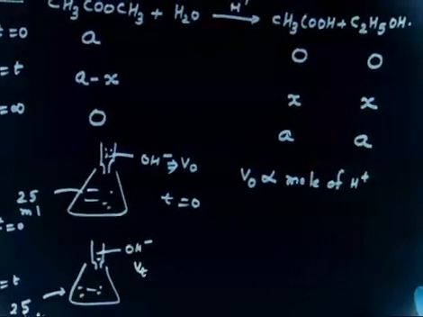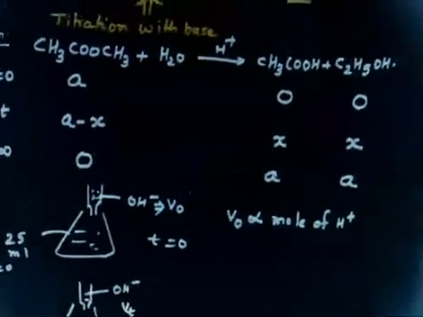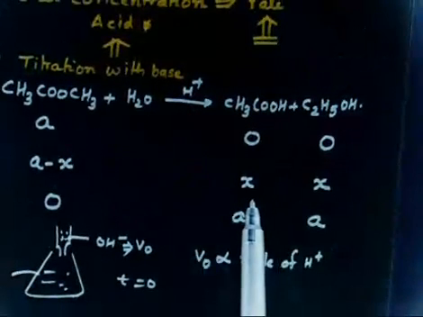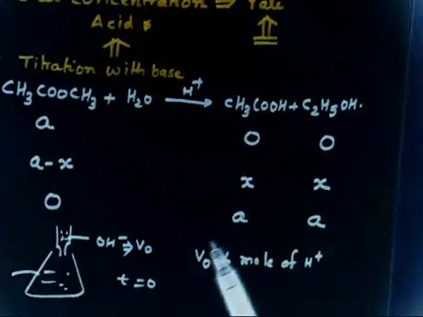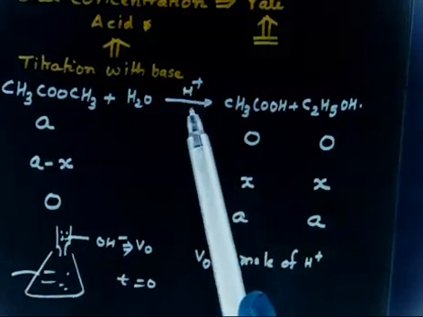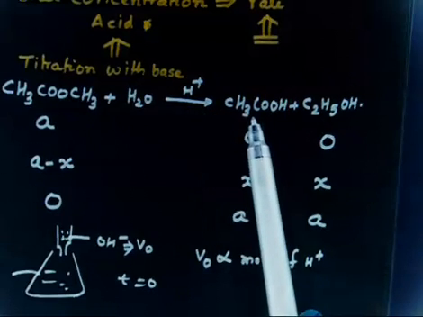Are you getting? So this time what am I going to titrate? I am going to titrate this acid as well as this x, that is acetic acid. So the total volume of NaOH is proportional to the concentration of H+ and the concentration of acetic acid, or the mole of H+ and the mole of acetic acid.